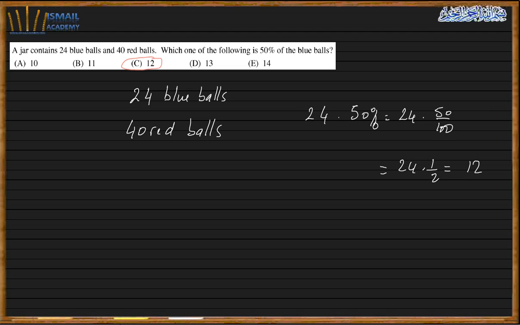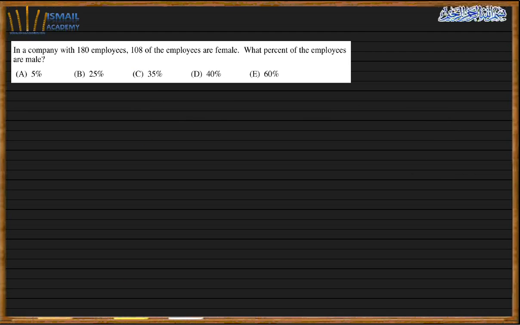For the next question, in a company we have 180 employees and 108 are female, which means I have 108 female and the difference will be male. So that's going to be 72 male. So what percent of employees are male?